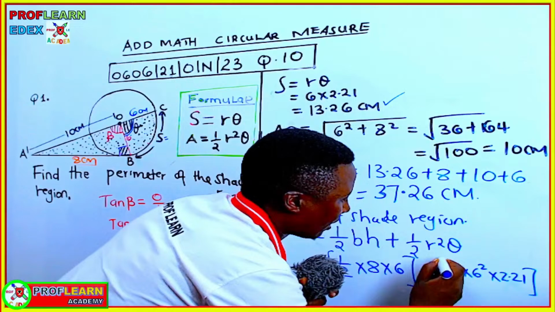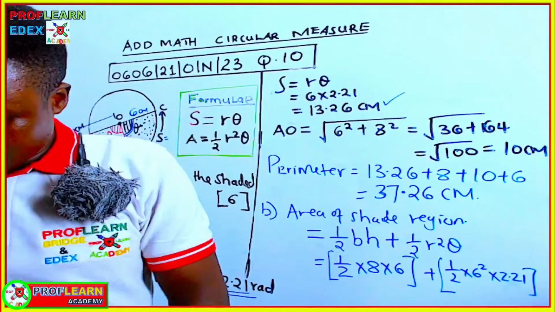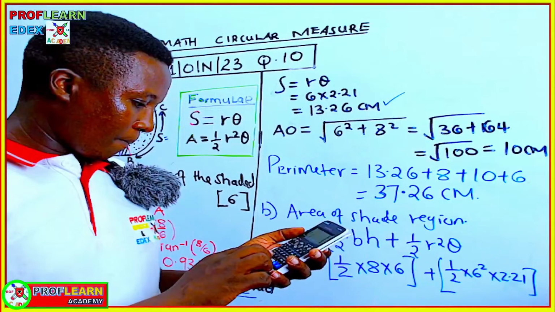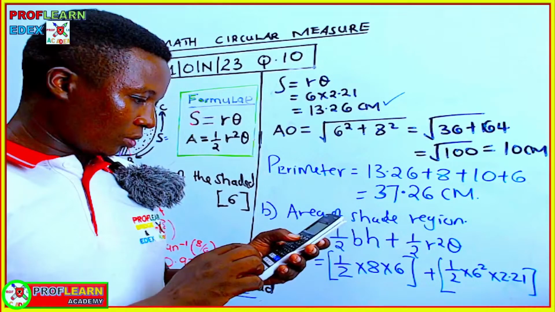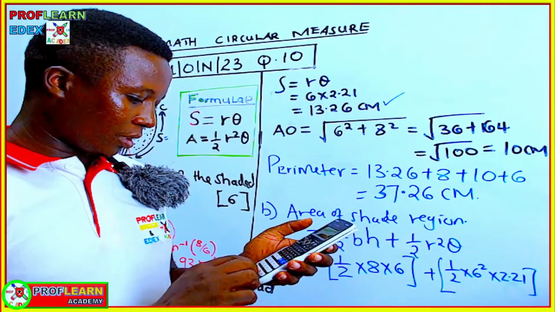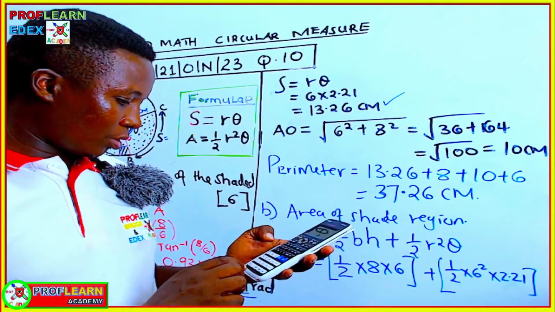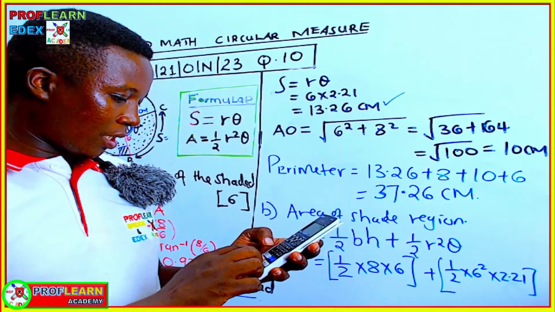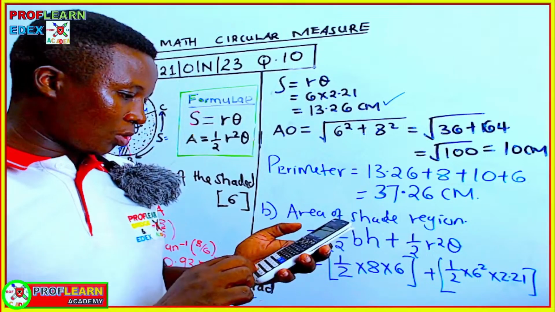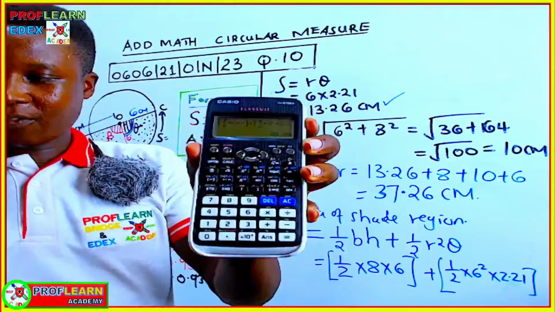Then I'll enclose like that so that we can put that information in the calculator. So I'll say this is 1/2 times 8 times 6. I'll close the bracket, then plus open bracket 1/2 multiplied by 6 squared multiplied by 2.21. I'm going to get my answer correct to 4 significant figures.